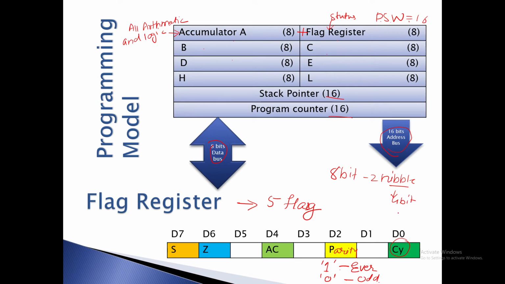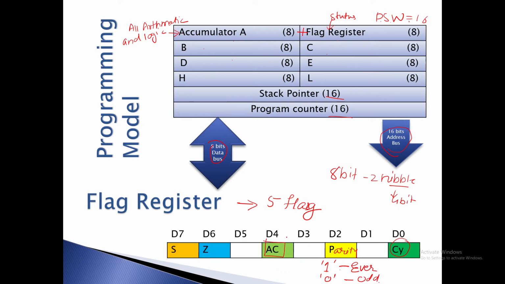So after any arithmetical addition or subtraction of 4 bits, if there is a generation of carry, that is known as auxiliary carry, which is stored in the auxiliary carry flag. After one nibble is added, when there is a generation of carry, it is stored in the auxiliary carry flag.